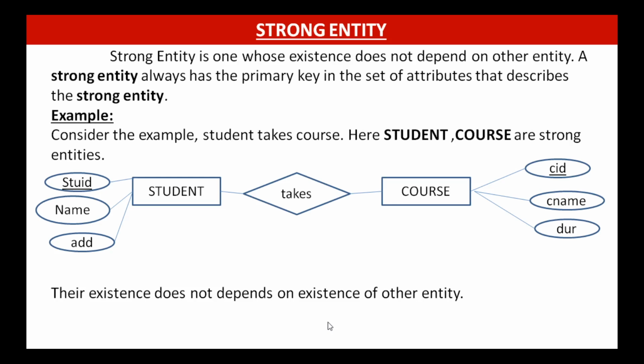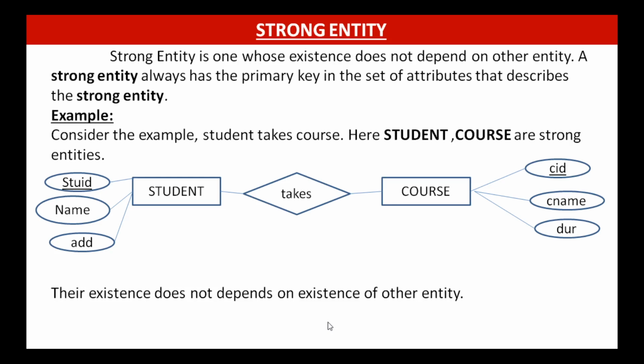For example, take a student entity. What we have in the student entity: student roll number, student name, student marks, student address, like that. Among those attributes, we use the student roll number values to identify each and every student uniquely.